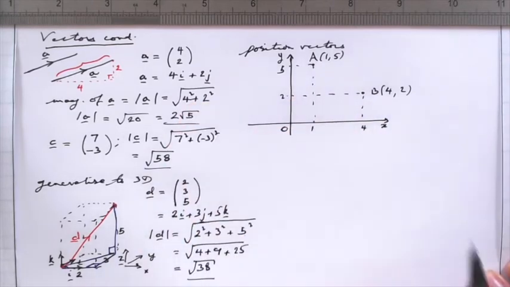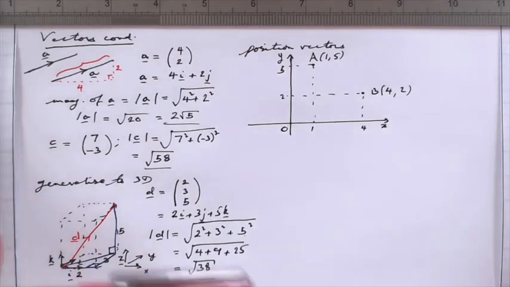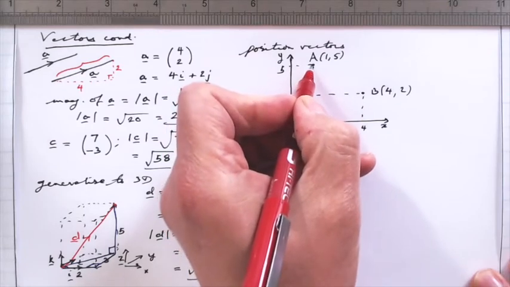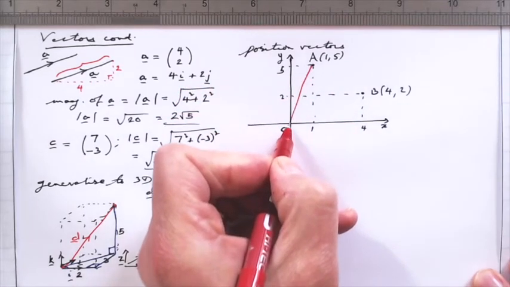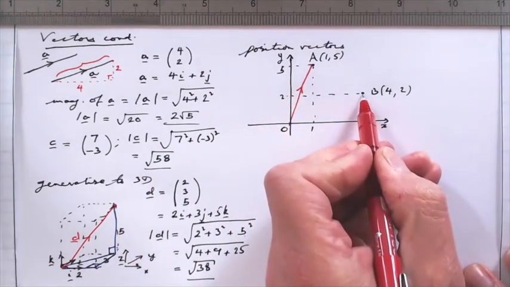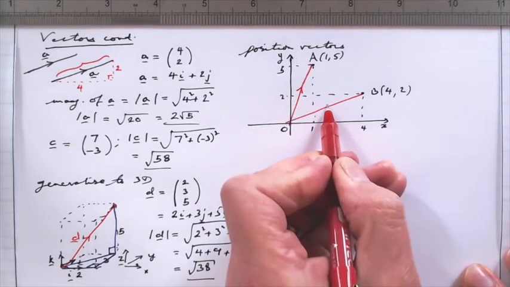That's fine, there's no problem. But it's quite helpful to draw an arrow from the origin to these points. So here's an arrow connecting the origin to A, and here's an arrow connecting the origin to B.